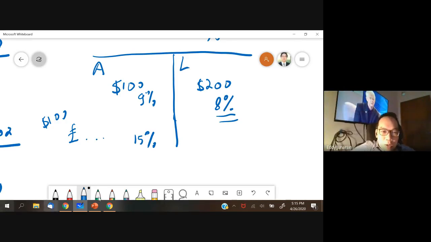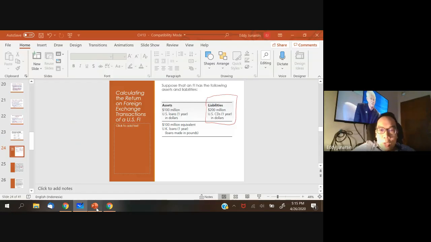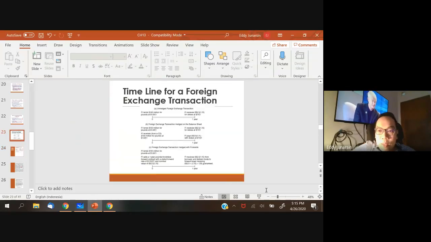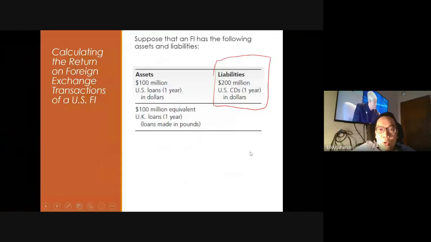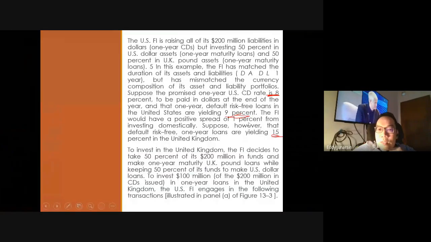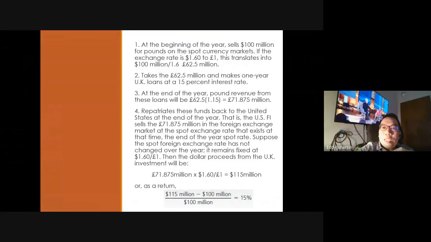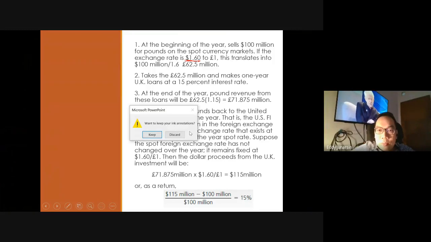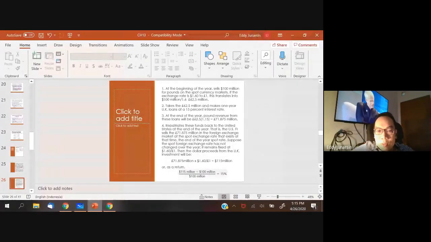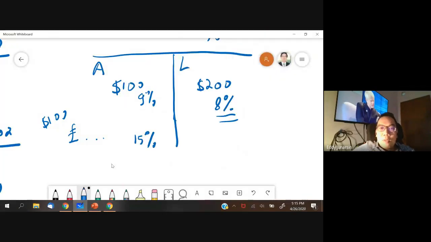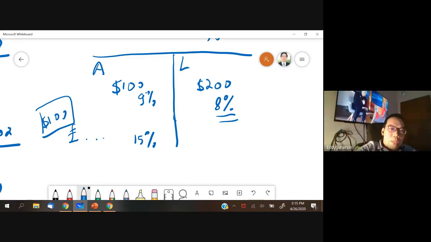So let's calculate now how much the spot rate is. Okay, so the spot rate is 160. Let's calculate now. $100 million, the spot rate is 160.